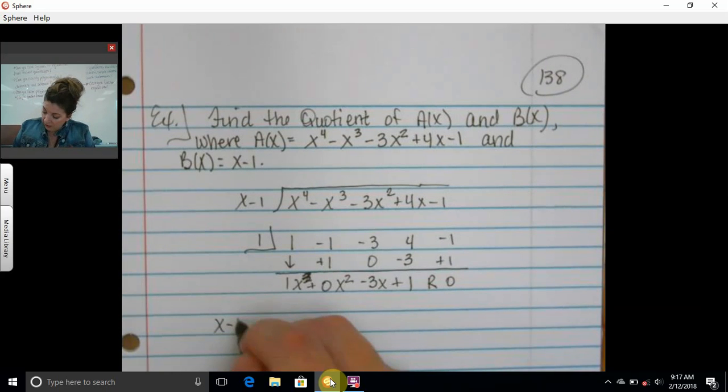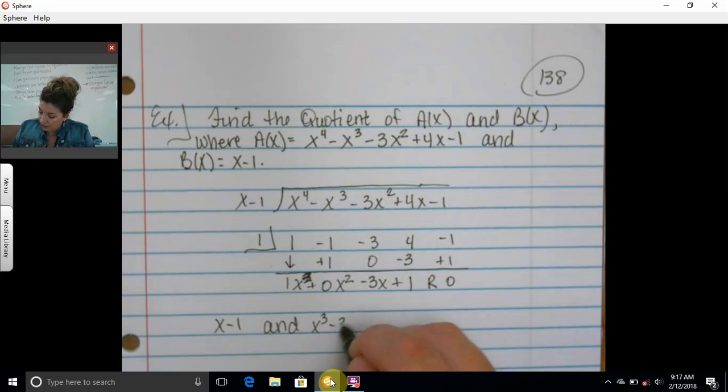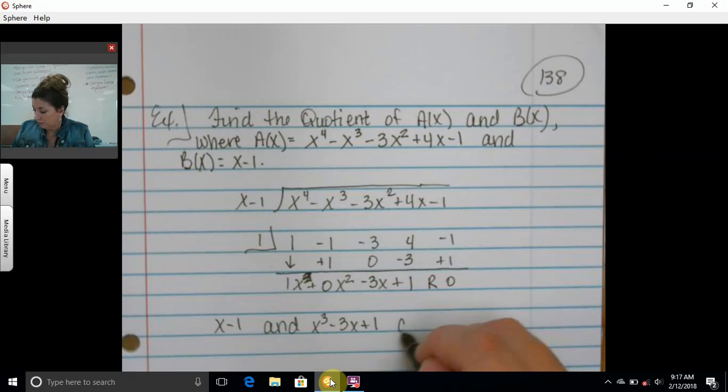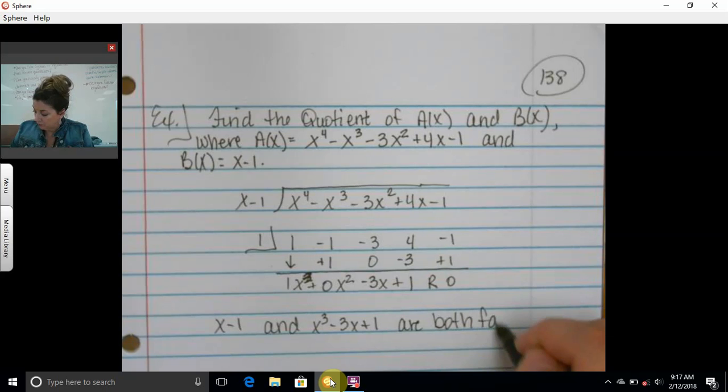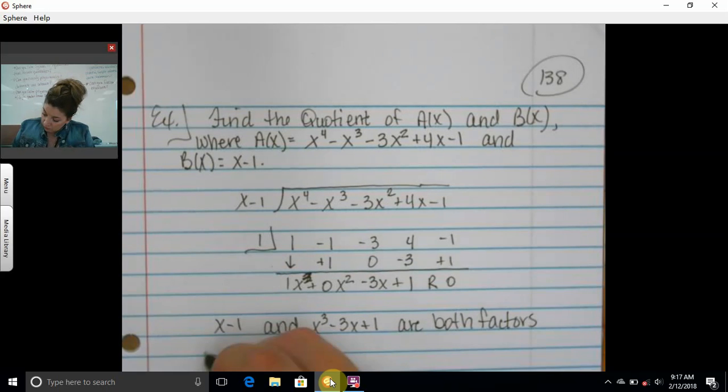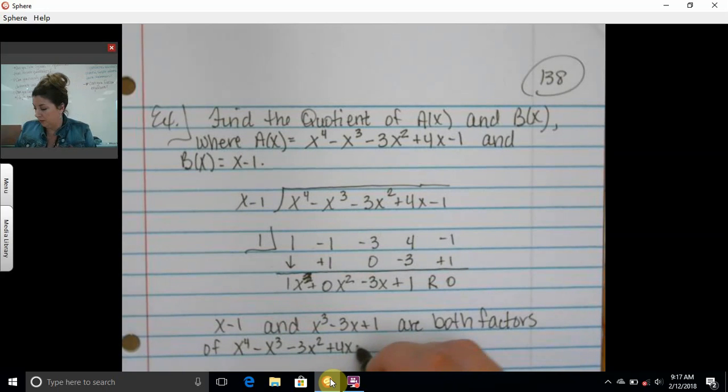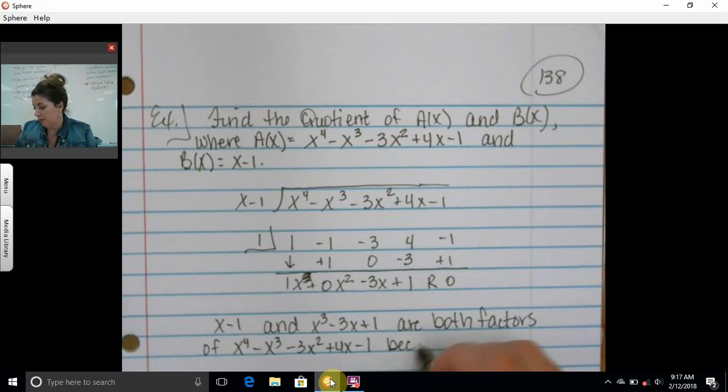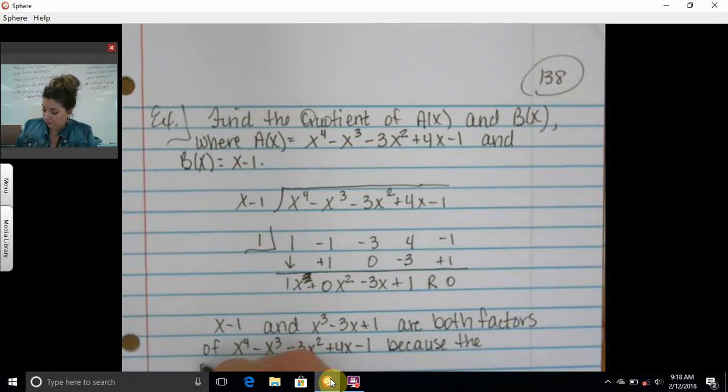So x minus 1 and x cubed minus 3x plus 1 are both factors of x to the fourth minus x cubed minus 3x squared plus 4x minus 1, because the remainder is 0.